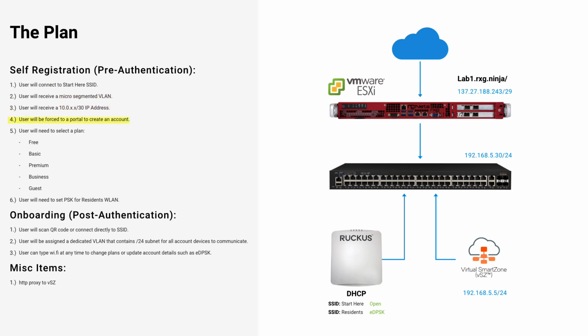We added the captive portal, the splash portal, so that they get redirected to actually create an account and select a plan. And at this point, we've completed building out all of the plans that they have to select for. And we actually went one step further, and we configured all of the post-authentication account groups, which are how they get into their policy.